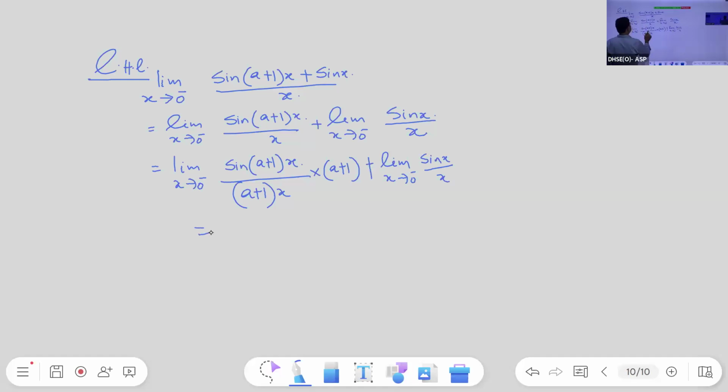This is equal to 1 into (a plus 1) plus 1, which is a plus 1 plus 1, that is a plus 2. So the left hand limit of the function is a plus 2. Is it clear?